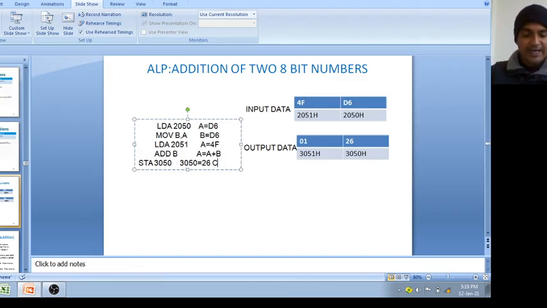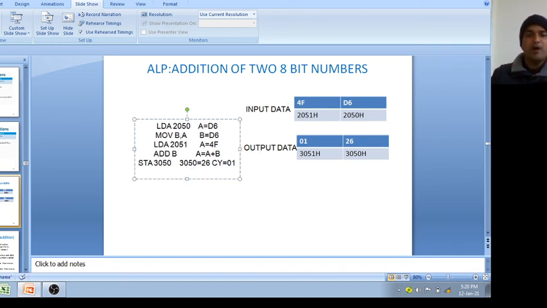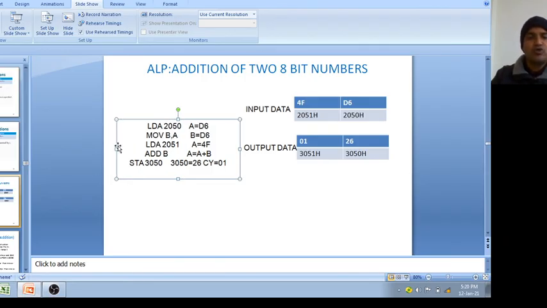And one more thing, carry flag equal to what? 1. Carry flag is 1. Now how will you store this 01 in the 3051 memory location?